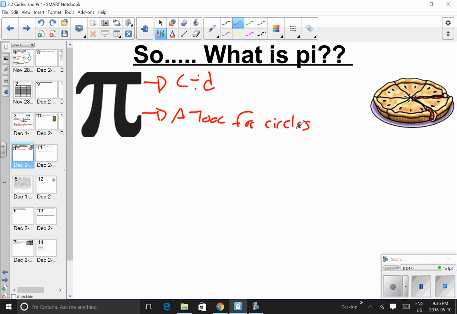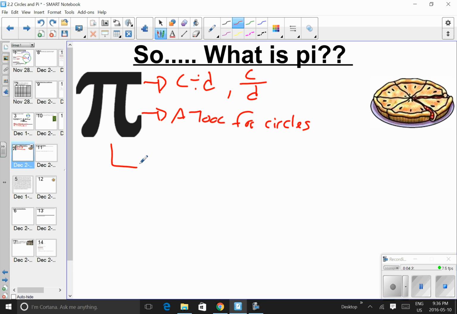Because it only works for circles, it becomes a very, very useful tool. So, building off of this circumference divided by diameter, you could write this as a fraction. Same thing. Or a ratio.